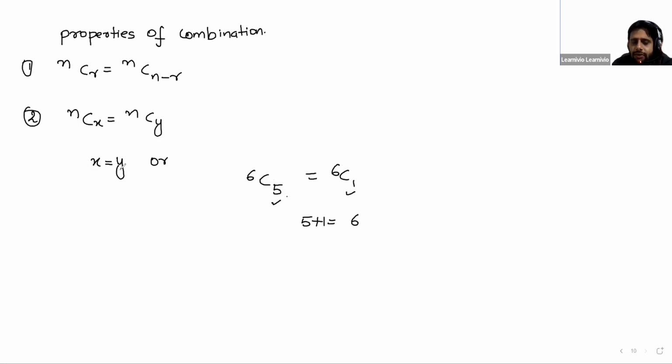This means either x is equal to y, or if these two are not equal, then x plus y is equal to n, which happened in this case. Here 1 plus 5 is equal to 6. So whenever you have nCx equal to nCy, you have two options. First option is x is equal to y, or second option is x plus y is equal to n.